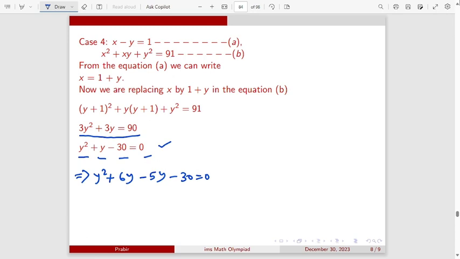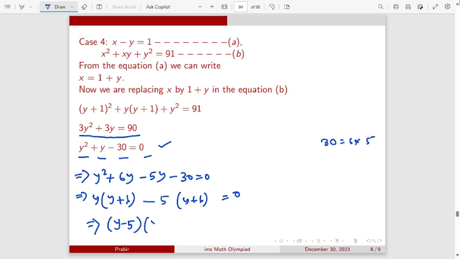Why are we breaking it this way? Because we can write 30 equal to 6 times 5. That's how we can break it in this way. From here we take y common, this will become y plus 6, and from here we take minus 5 as a factor, this will become y plus 6, equal to 0. From here we can write y minus 5 times y plus 6 is equal to 0.